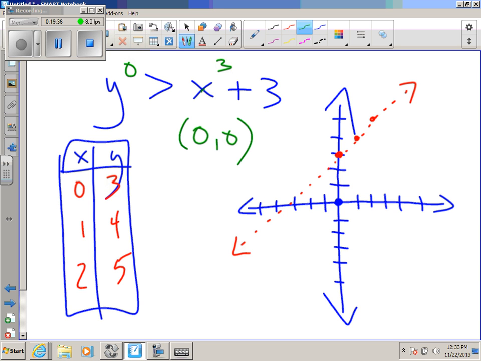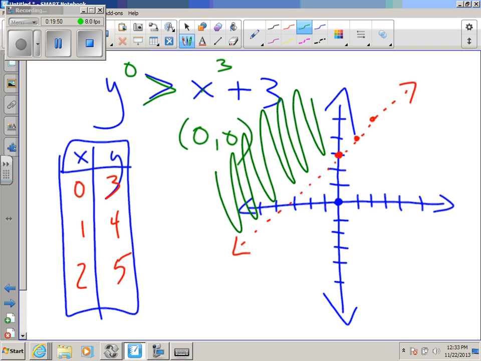Is 0 greater than 3? No. If the answer is no, I'm not including this as a solution. So I have to shade up here on that side of the line. 0, 0 does not work, therefore I cannot shade that part.